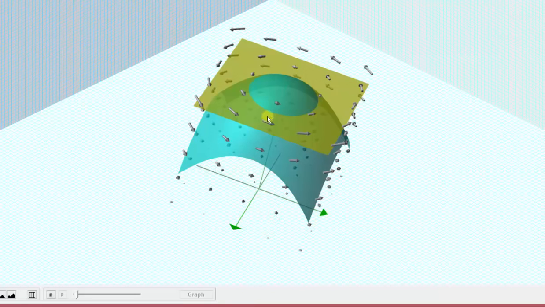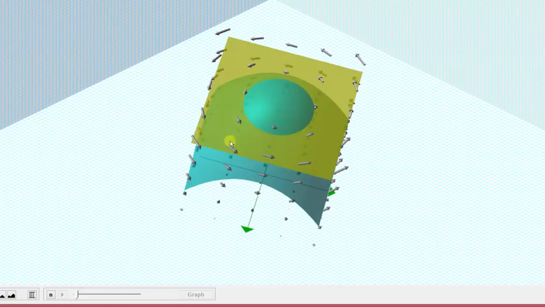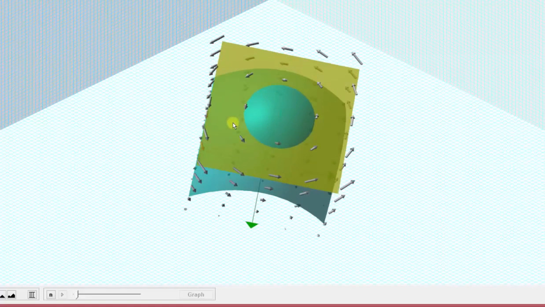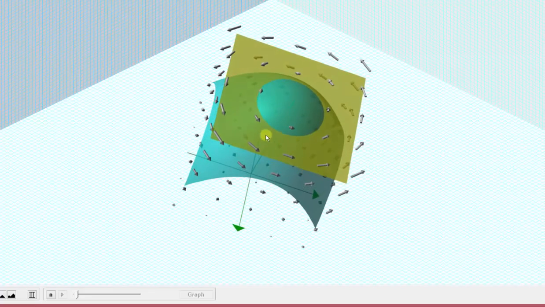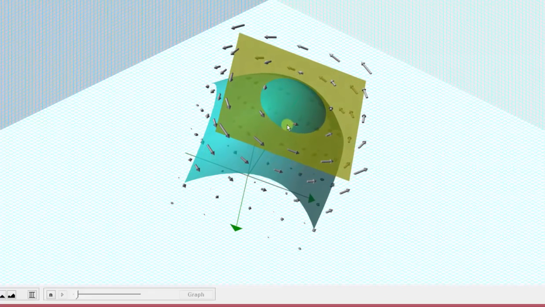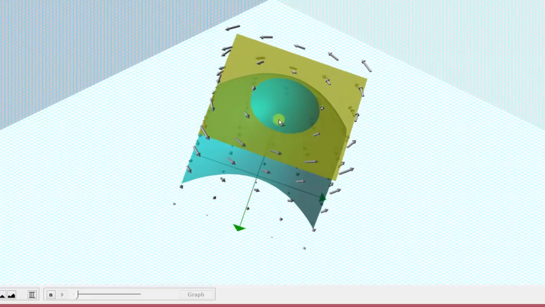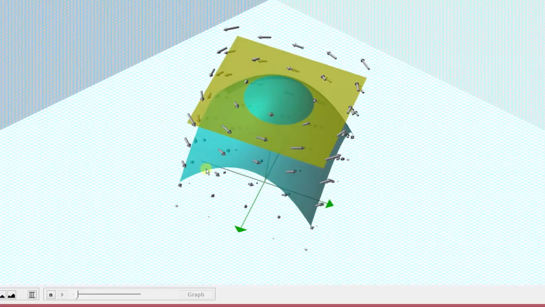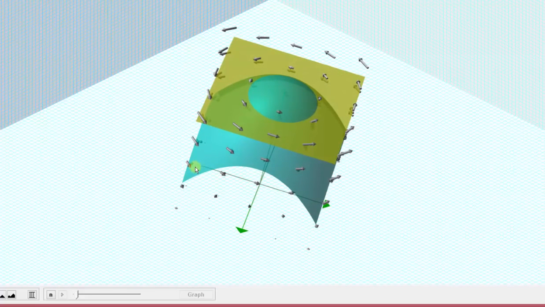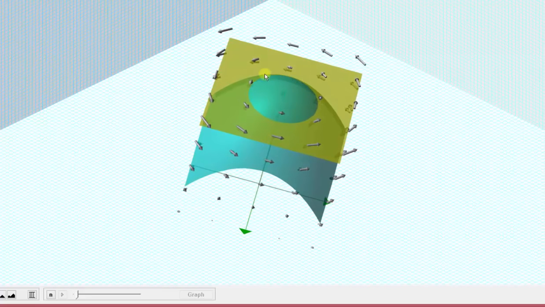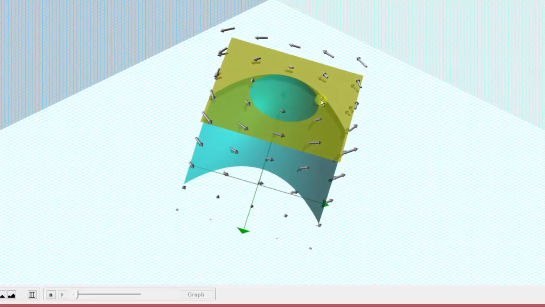The graph of the vector field F is in gray, the paraboloid is graphed in light green, and the plane z equals 10 is graphed in yellow. So we're trying to evaluate the surface integral over this light green surface that's above the plane z equals 10, and by applying Stokes' theorem, we can evaluate this double integral over the surface S by evaluating the line integral along the boundary curve C, which would be this circle here.